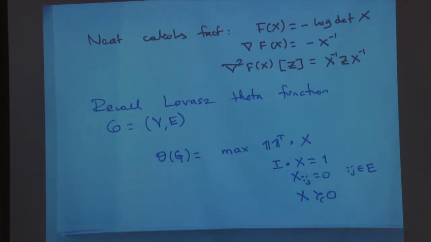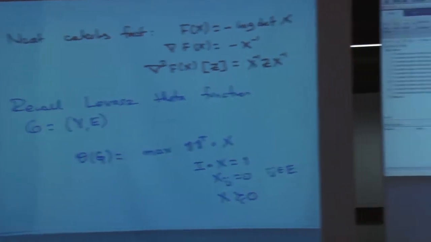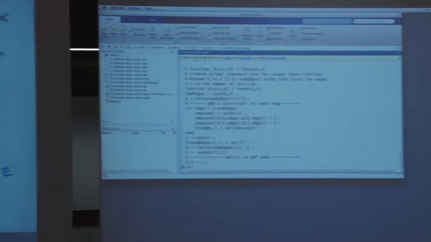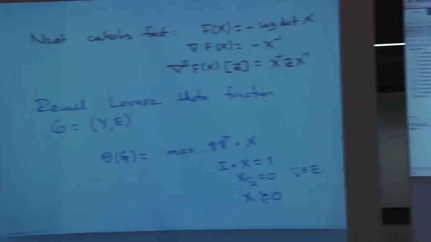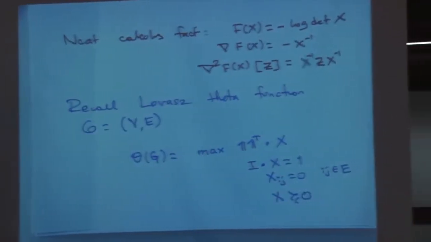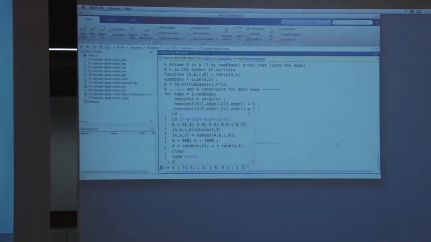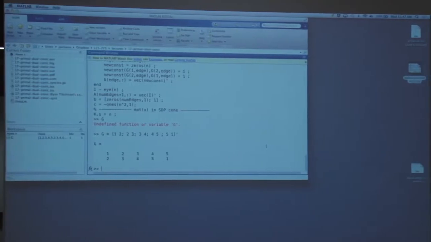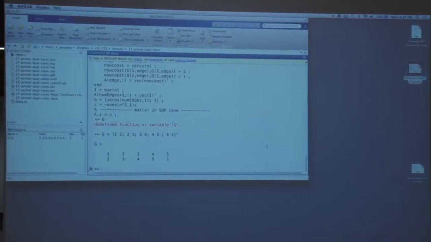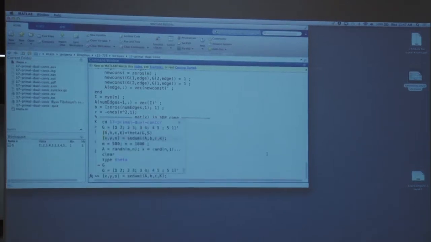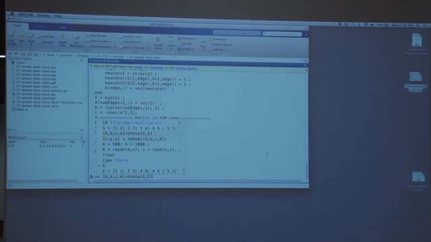So this is a little code that, given a graph G, defines A, B, C, and K, so that you can solve this semi-definite program. For example, if G is that graph, so those are the edges of G, then when I do this, this constructs the semi-definite programming instance.